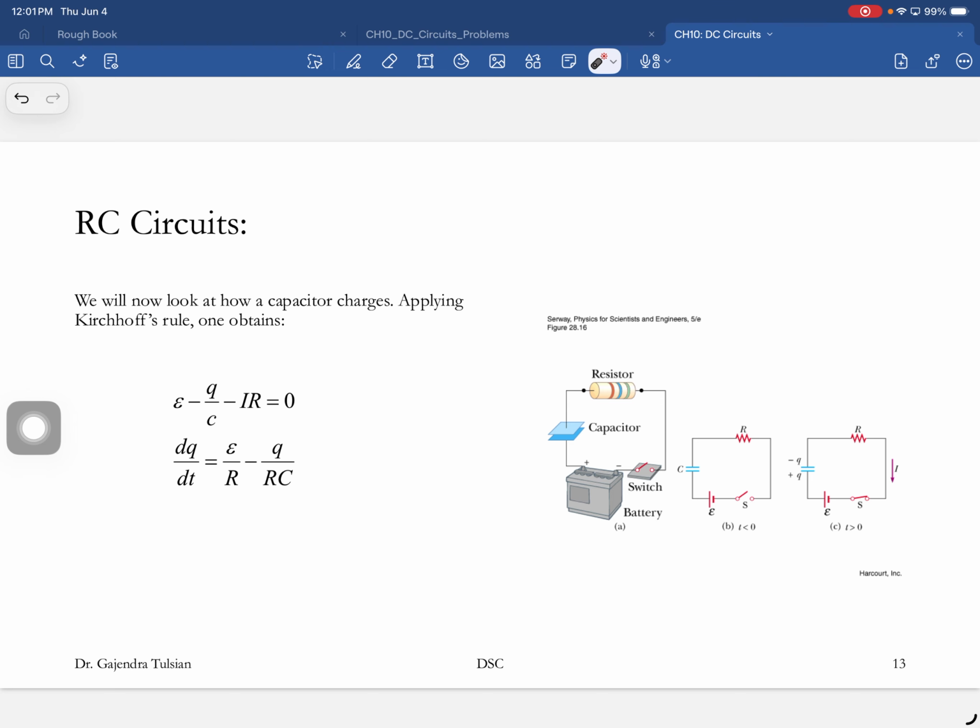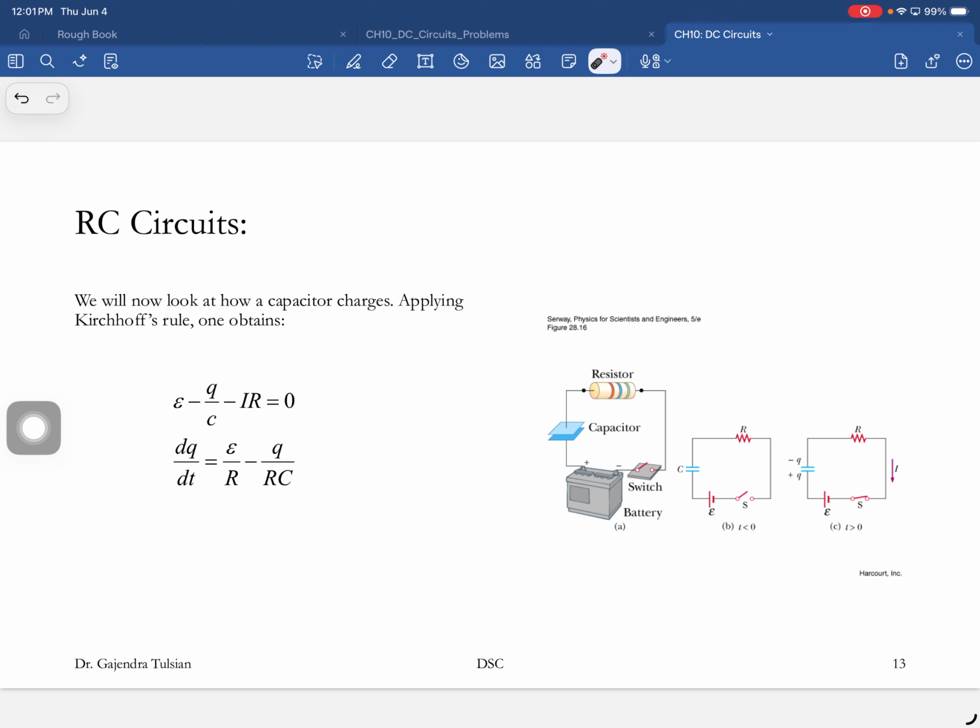Here is the circuit, and if the switch is open, nothing is happening. Nothing is changing with time. There's no need for an equation to describe that. Stuff starts happening once you close the switch. So we're going to close the switch.